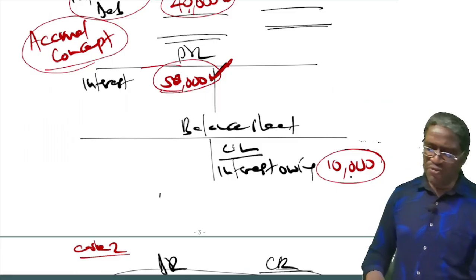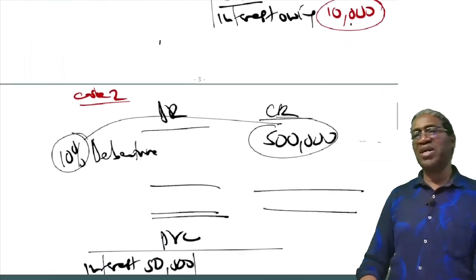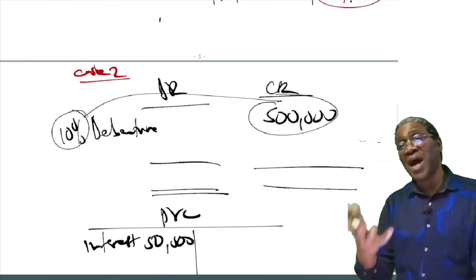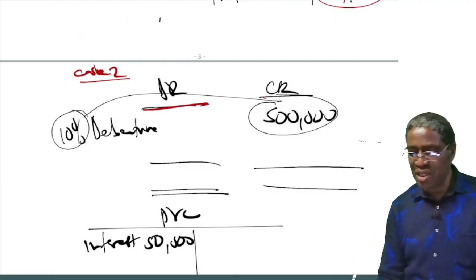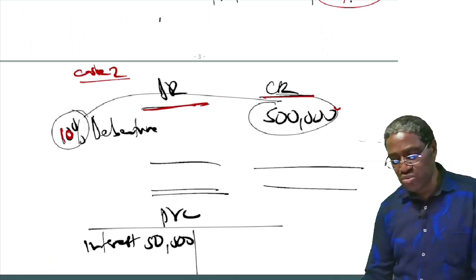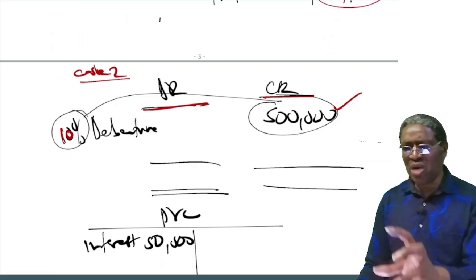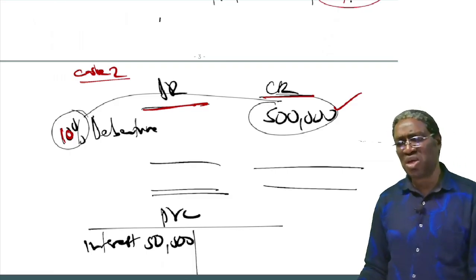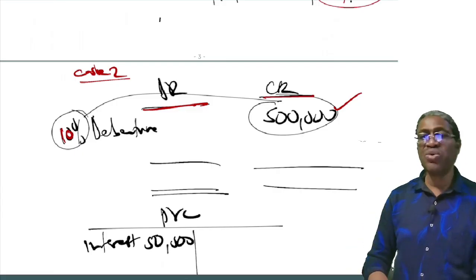Good. Then from there, I gave you another illustration, from some other questions of company accounts. Normally you are given a trial balance, and in that trial balance you are given a 10% debenture amounting to, assuming again, 500. I asked you, from this trial balance, I can't see interest in the trial balance, but would you still charge interest in your P&L account? We said yes.